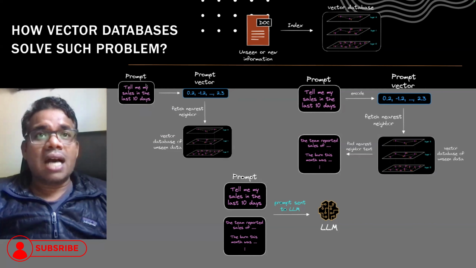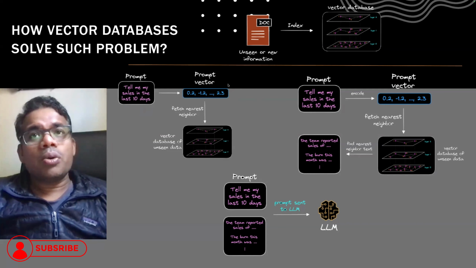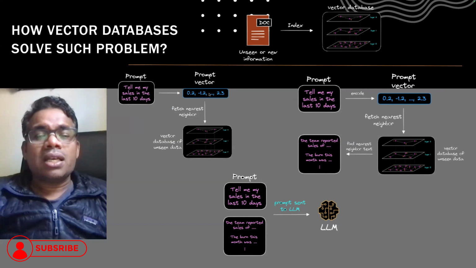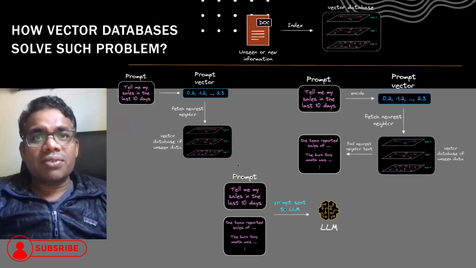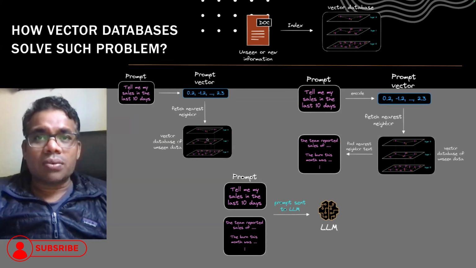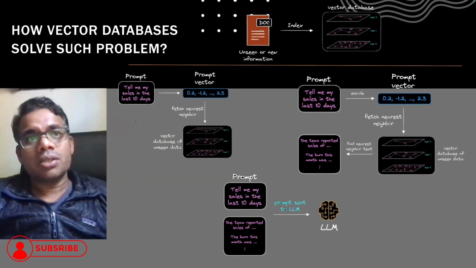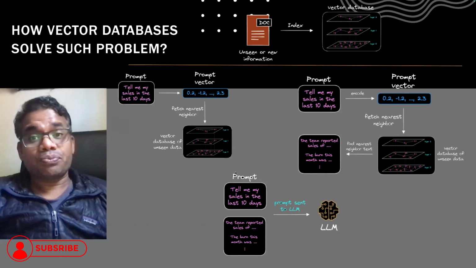So now if you are asking some question, first the question gets converted into the vector format. Then that vector is searched inside the vector DB, and it tries to get the answer out of that particular database. Then it converts back to normal text and responds to the user, because you are asking the question. So that's what will happen.